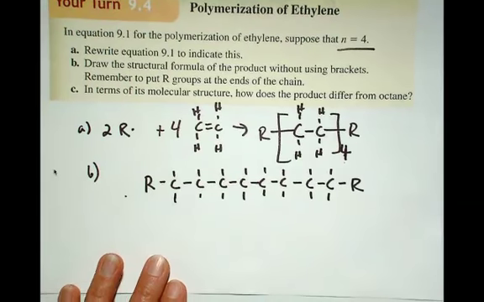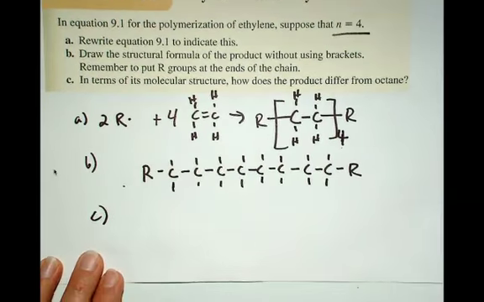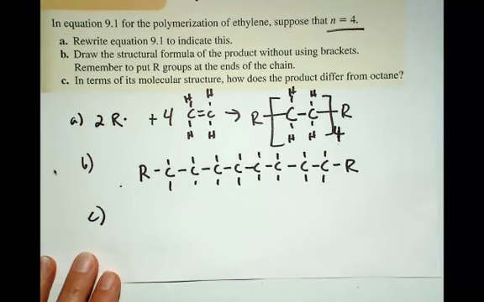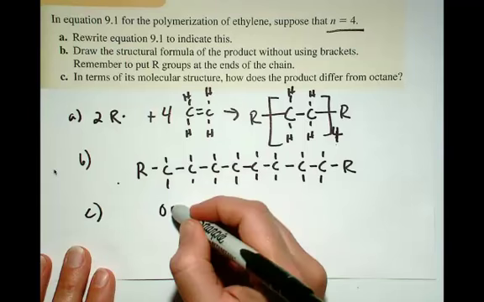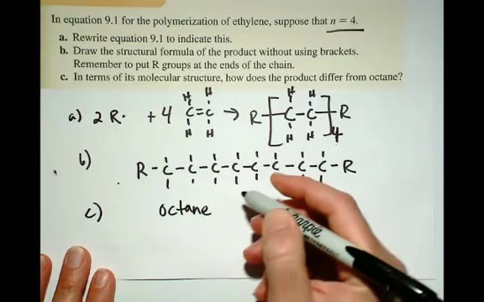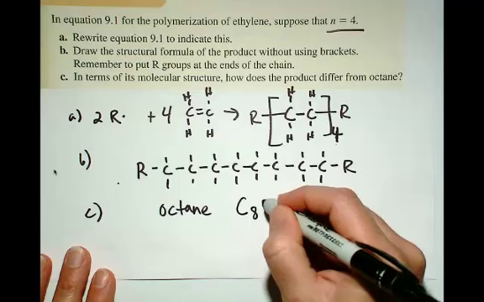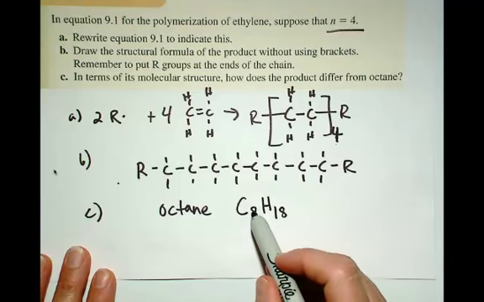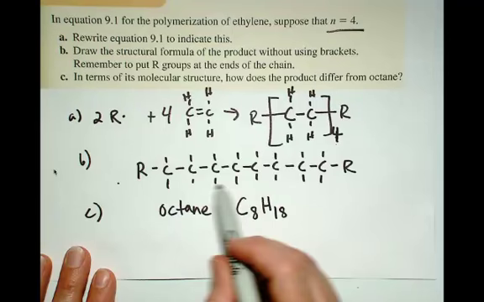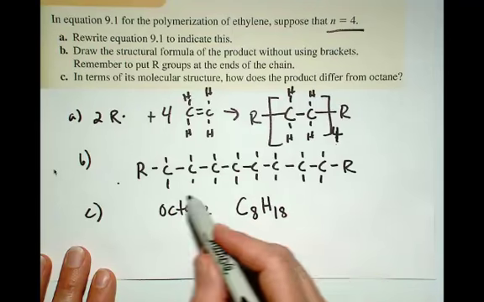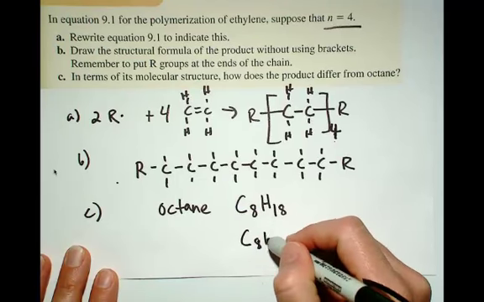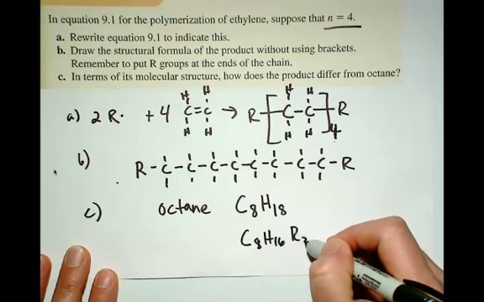All right, and then the last question is, in terms of its molecular structure, how does the product differ from octane? Well, octane is a basic alkane with a chemical formula of C8H18, and this particular polymer has the formula C8H16R2.